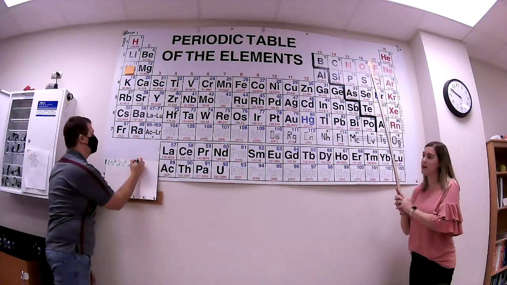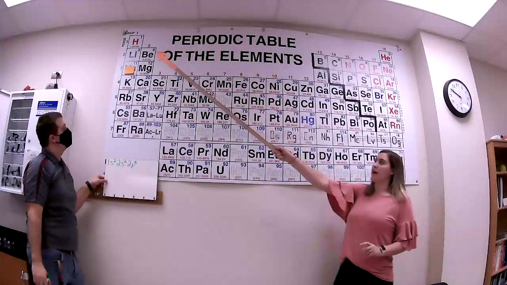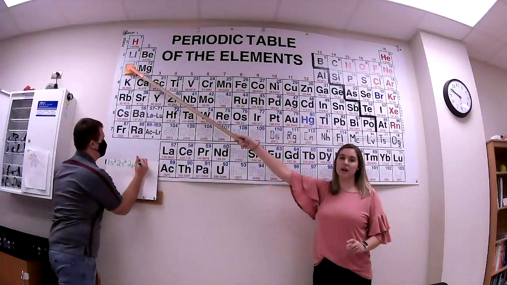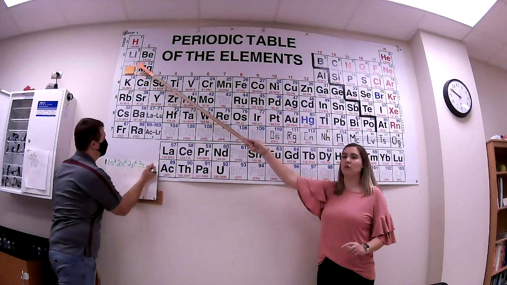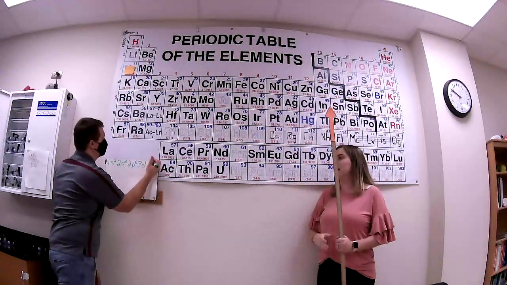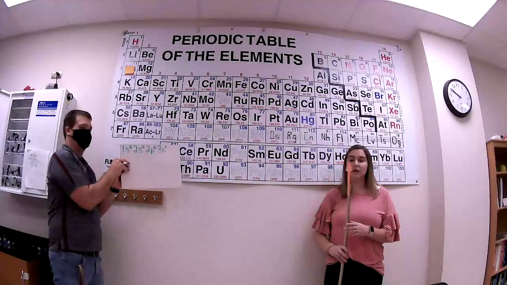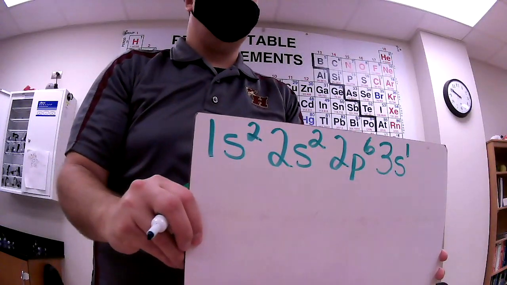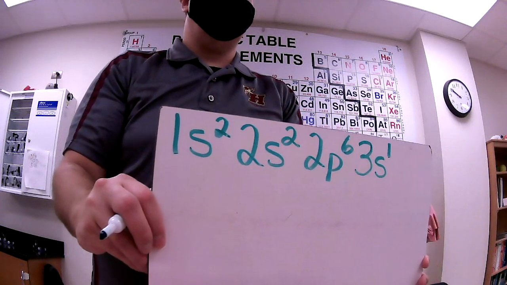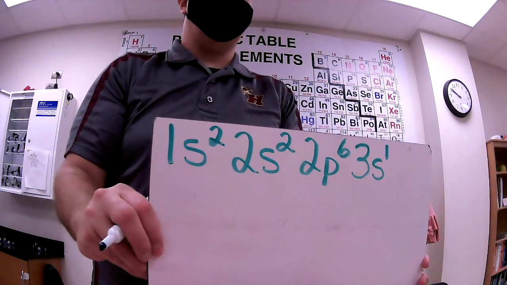So 2p6. And then right here, third energy level, S sublevel, and we cross 1 box. So 3s1. And that's it. That's our configuration. So final configuration is 1s2, 2s2, 2p6, 3s1.